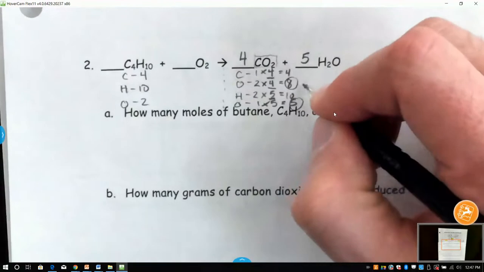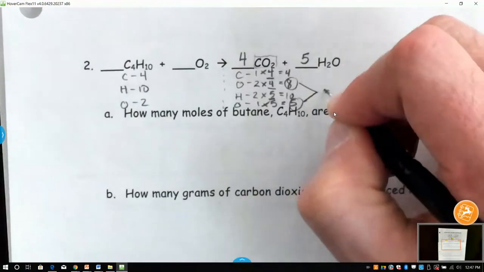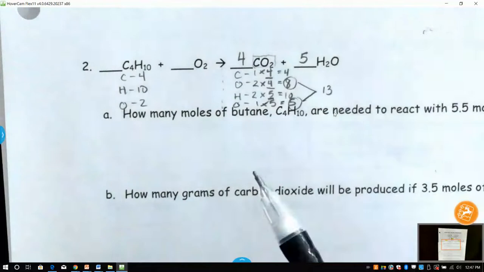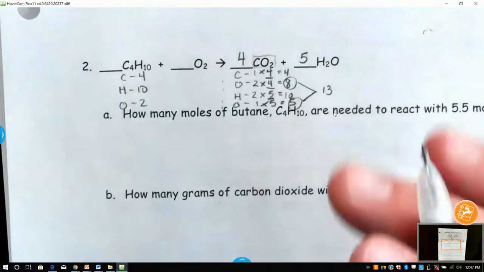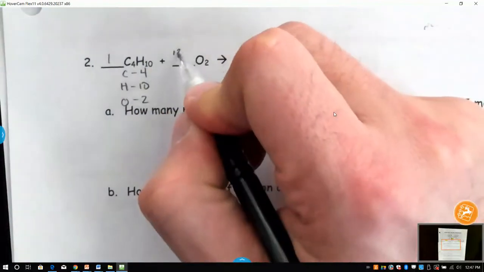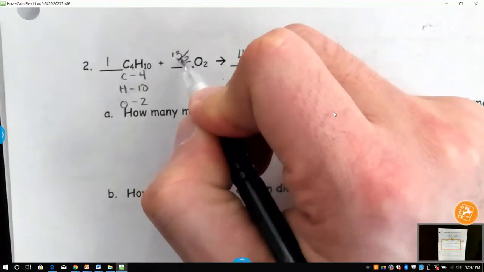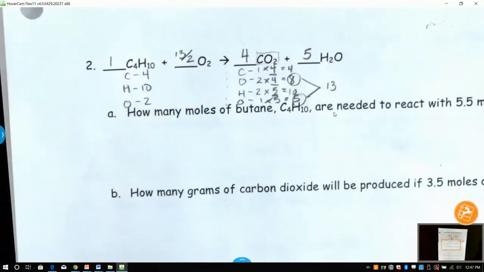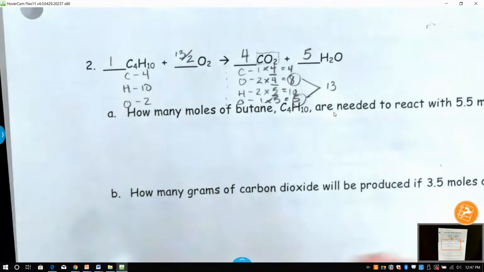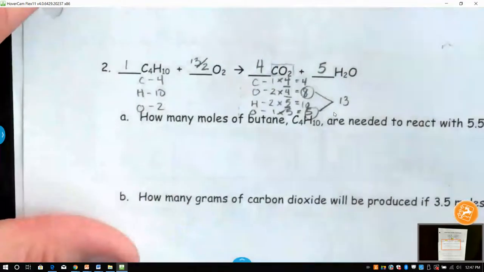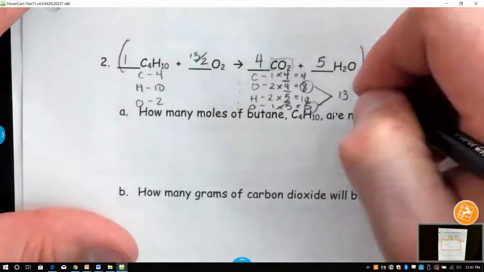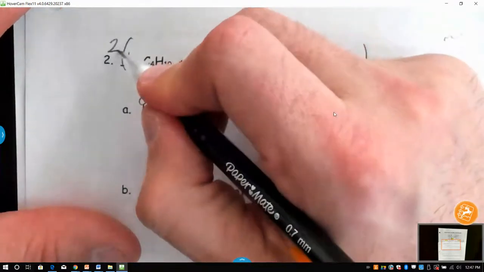What is the total amount I have over here? 5 plus 8 is 13. 2 does not go into 13 evenly. So what we can do is call this a 1, and we can say, okay, we have 13 over 2. And you guys remember that trick? Obviously, we can't have a half or a fraction or a decimal, but when everything else is balanced like that, to get rid of that half, we would double.